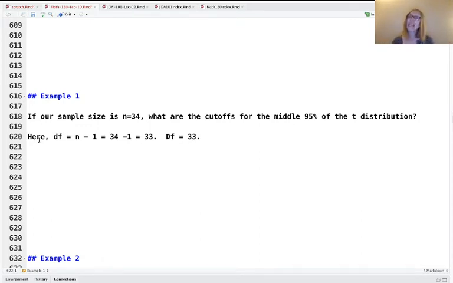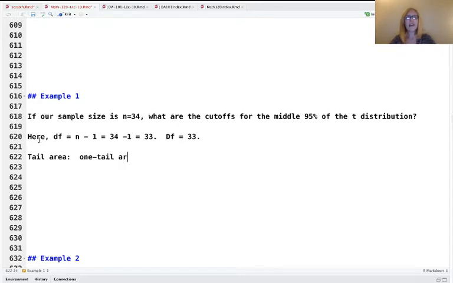Now we need to think about the tail area. And you guys have seen this example a bunch. If there's 95% in the middle, that means the two tails each have to have 2.5%. There are a couple of different ways of thinking about that.